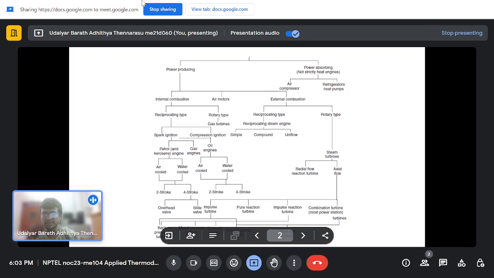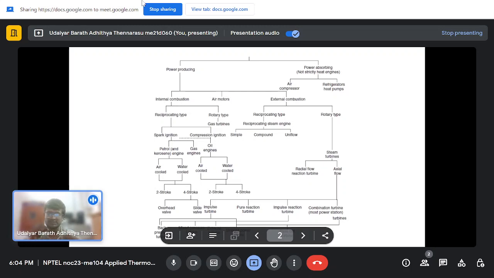Spark ignition can then be classified based on the fuel used and how the engine is cooled. Is it air cooled or water cooled? Air cooled is what you normally see in two-wheelers. You see an engine with fins, small thin sheets outside the engine.